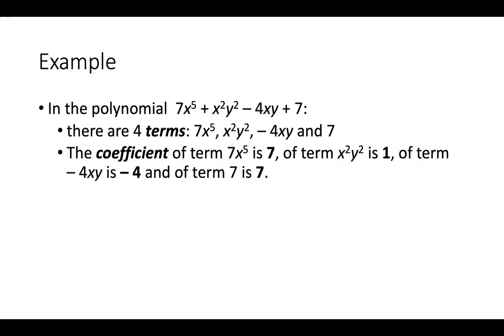The coefficients of each of these terms in the order they're given are 7, 1, negative 4, and 7. So remember that for x^2y^2, there is an invisible 1 right here. So that's how we get the coefficient of 1. This 7 at the end is a constant term because it has no variable part.